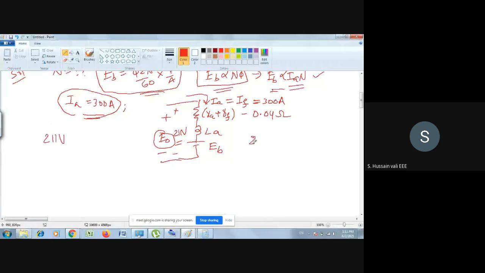I can write 211 is equal to IA into (RA plus RF) plus EB.